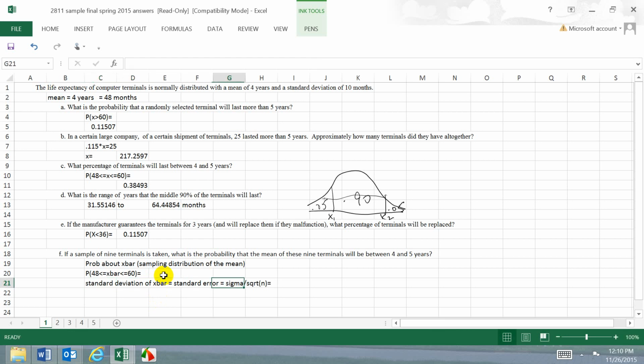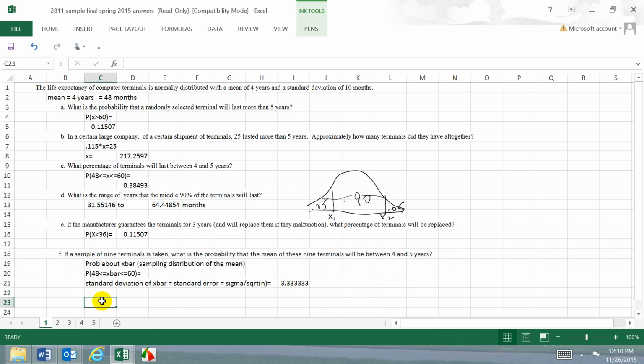In our case sigma is 10, that's 10 months, and n is 9 because we had a sample of 9 terminals, so the square root of 9 is 3, and our standard error is 3.33.